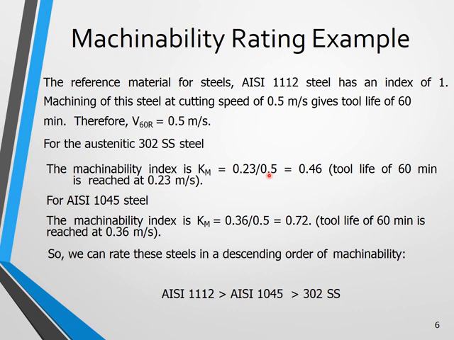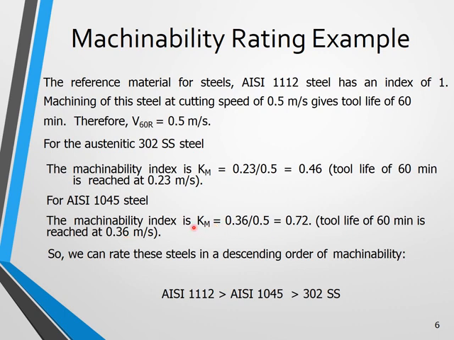Similarly, for AISI 1045 steel, we have found its V60 is 0.36 meter per second, which gives a tool life of 60 minutes. Using this value, Km is equal to 0.36 divided by 0.5, and that is 0.72.